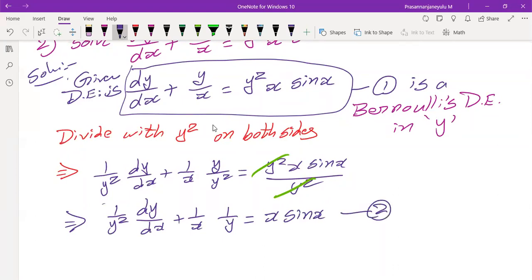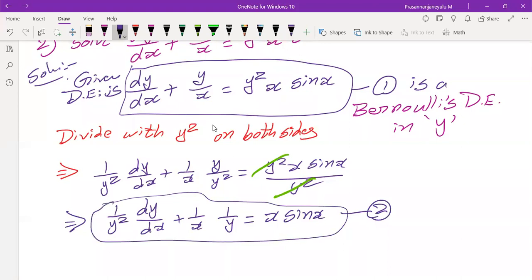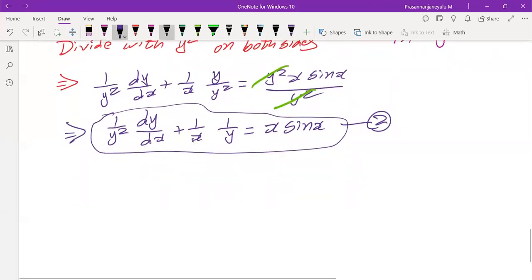I'll tell you why I'm taking it as equation number 2. Now, what is the coefficient of dy by dx? It should be only in functions of x, the dy by dx coefficient should be 1. But what we have is a function in terms of the dependent variable. Is it acceptable in terms of the y variable? Yes, acceptable.